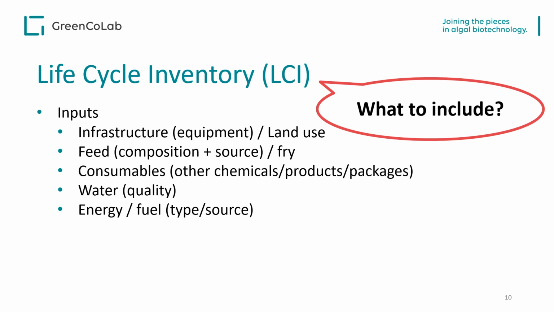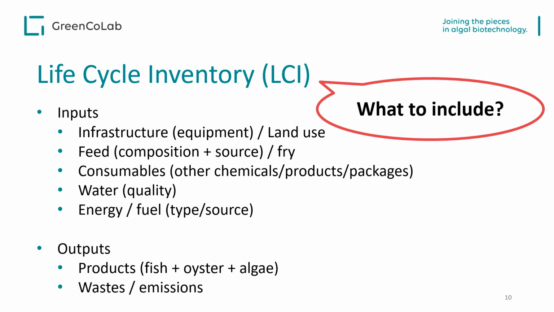The consumables, such as chemicals, product packages, all the water amounts and its quality, and finally the energy and fuels used by type and source. And as outputs, the products, which would be fish, oyster, algae, and any other, and water discharge and emissions to the system.